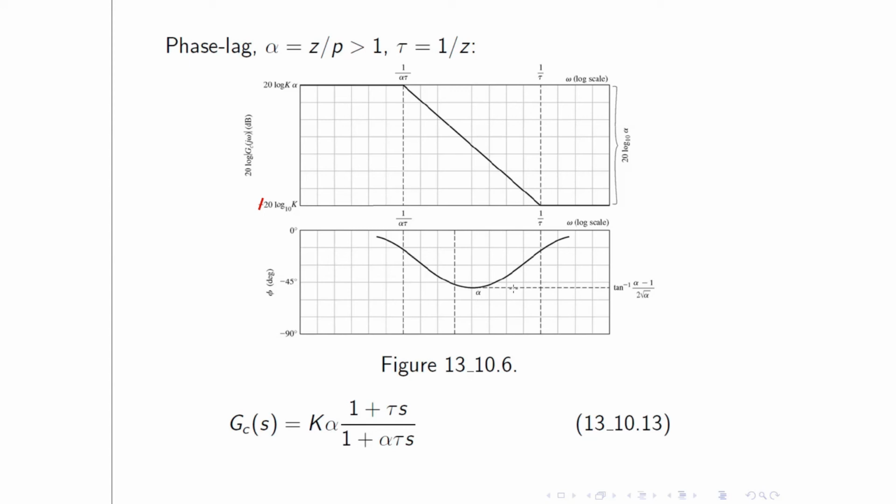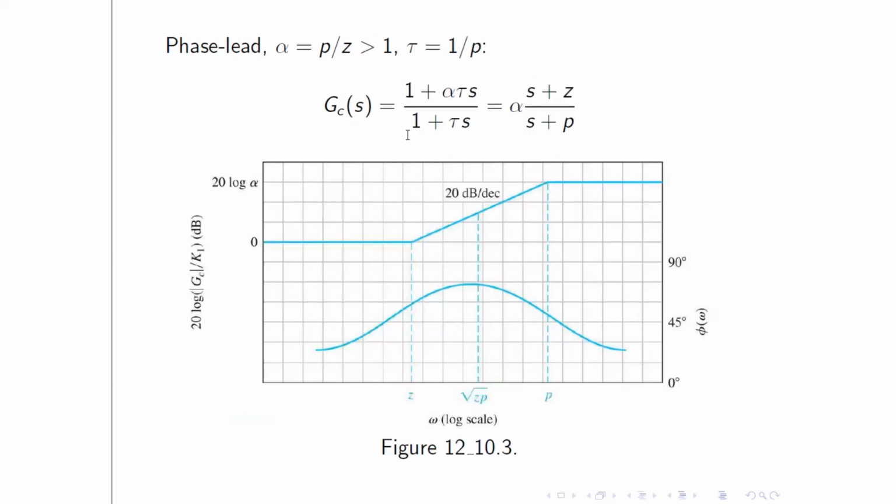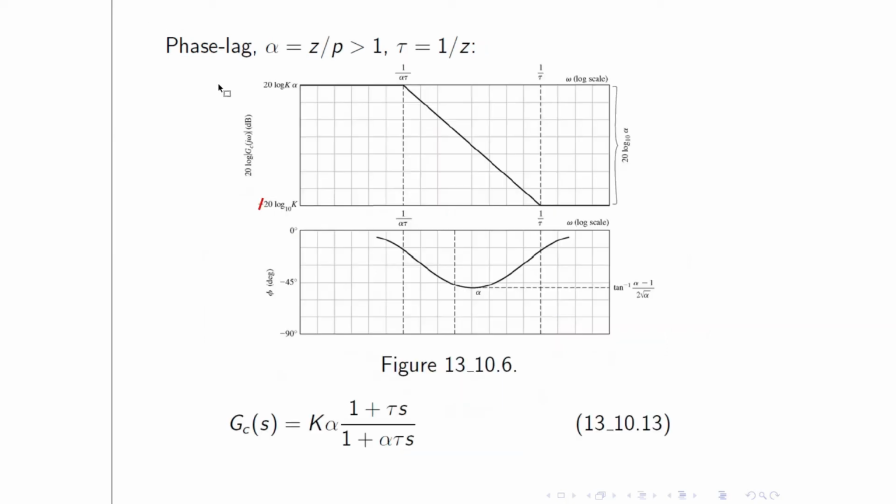Because it actually drops the phase, it doesn't increase the phase. Remember, in the case of the phase lead compensator, the compensator raises the phase, and we thought, well, that's wonderful because we would like to increase the phase so that we can increase the phase margin. But the phase lag compensator drops the phase, so this sounds crazy. It sounds as if one will never use something like a phase lag compensator.